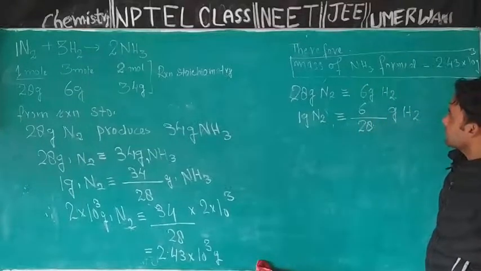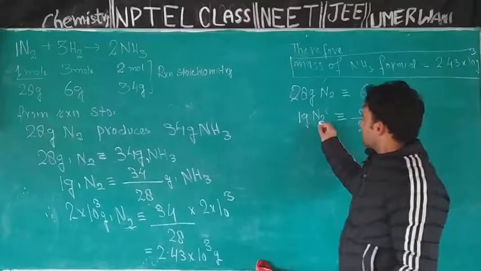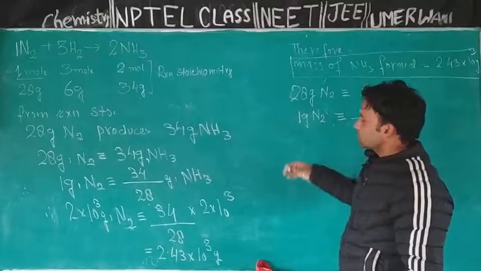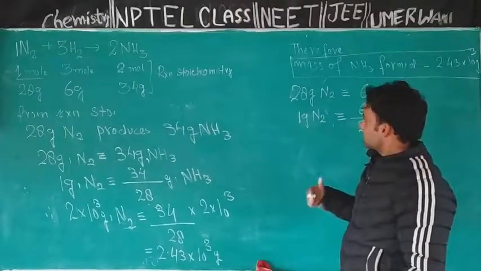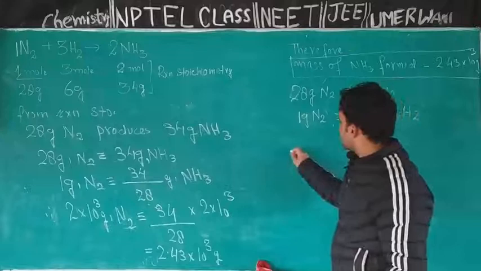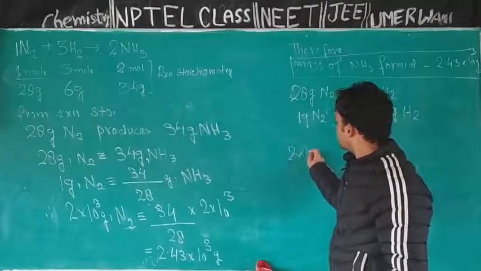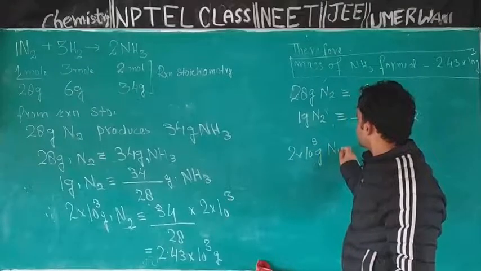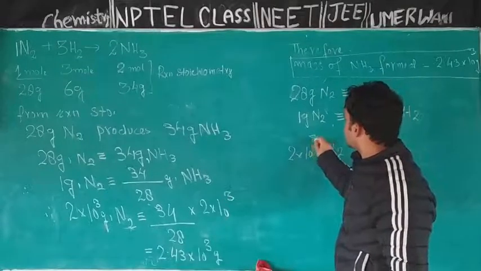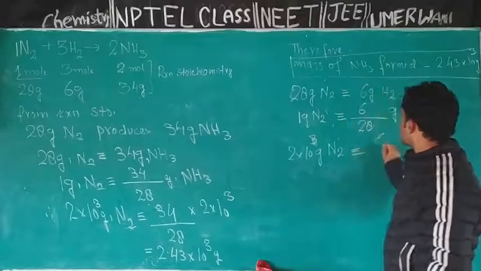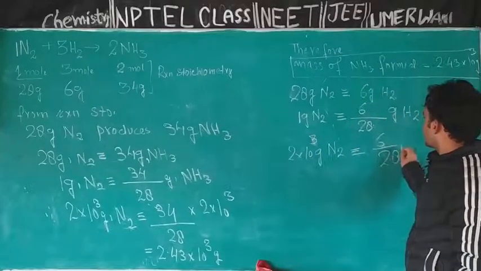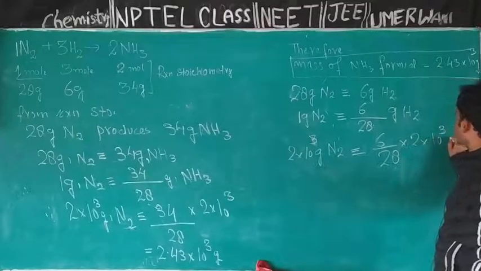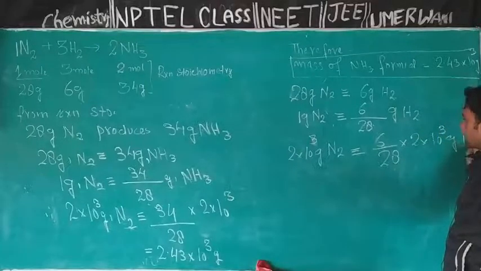Now how much mass of nitrogen is consumed? To start the reaction we take 2 into 10 raised power 3 grams of nitrogen, and 2 into 10 raised power 3 grams of nitrogen will react with 6 divided by 28 into 2 into 10 raised power 3 grams of hydrogen.